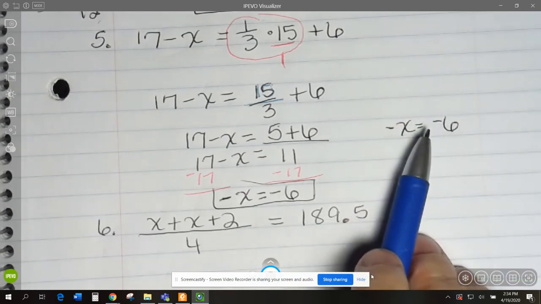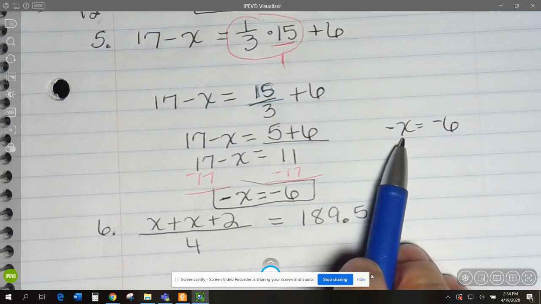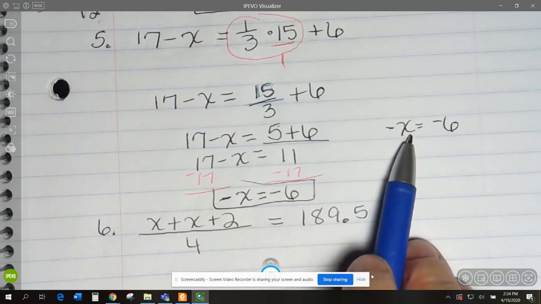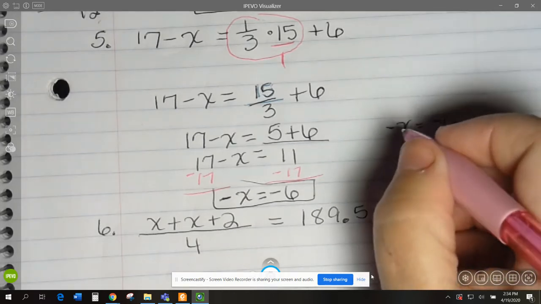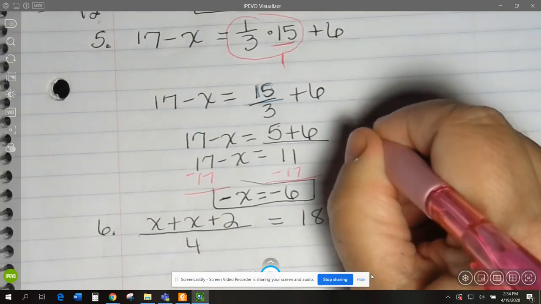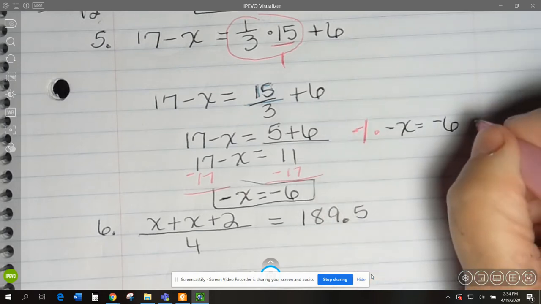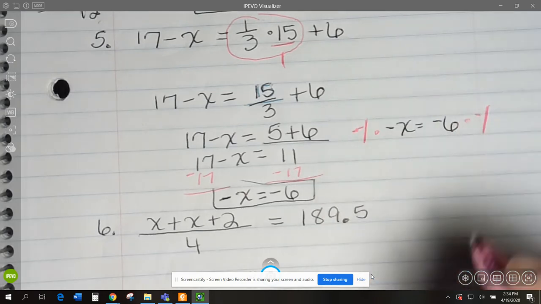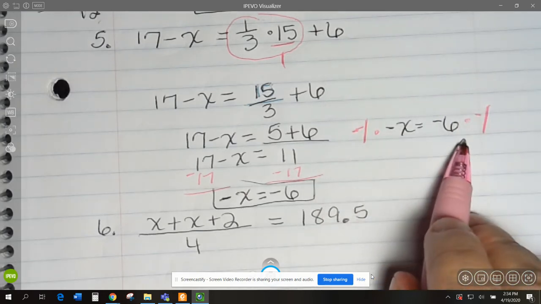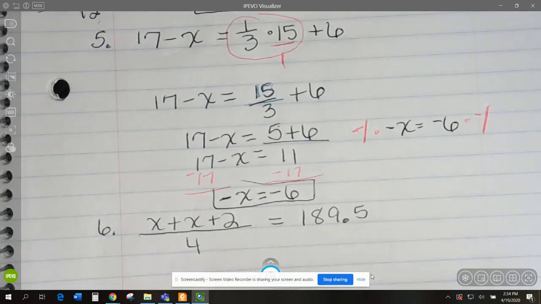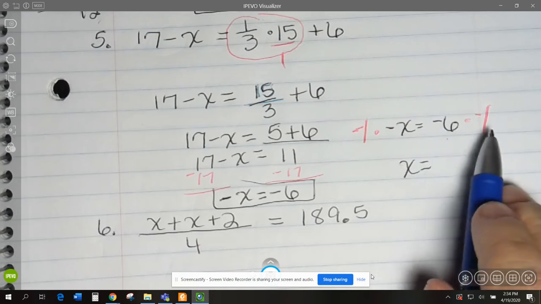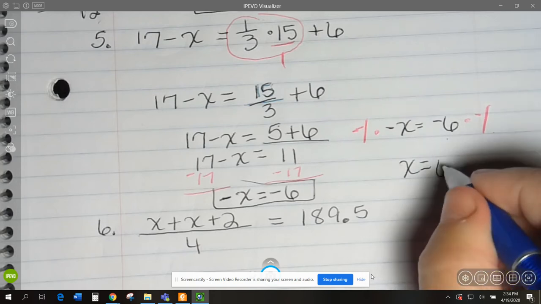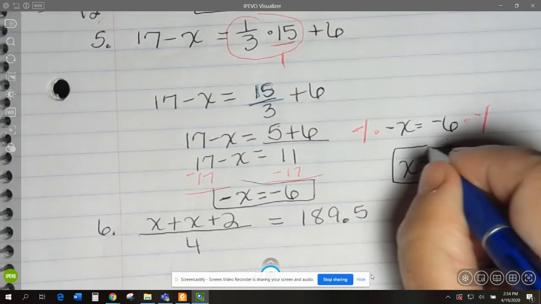We don't want this in terms of a negative. How do we change a negative x into a positive x? We multiply it by negative 1. If I multiply this by negative 1, I have to multiply this side by negative 1. And a negative times a negative gives me a positive. So this is now a positive x, and a negative times a negative is a positive 6. So x equals 6.